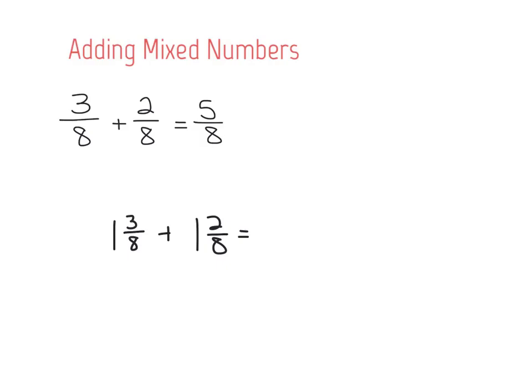This 1 plus this 1 combine together to make a total of 2. We look at the denominator, which is eighths, and because they are common, we keep that eighth as a denominator. And the same as we've done up to this point, for the numerators, we just add 3 plus 2, which equals 5 eighths. So 1 and 3 eighths plus 1 and 2 eighths equals 2 and 5 eighths.